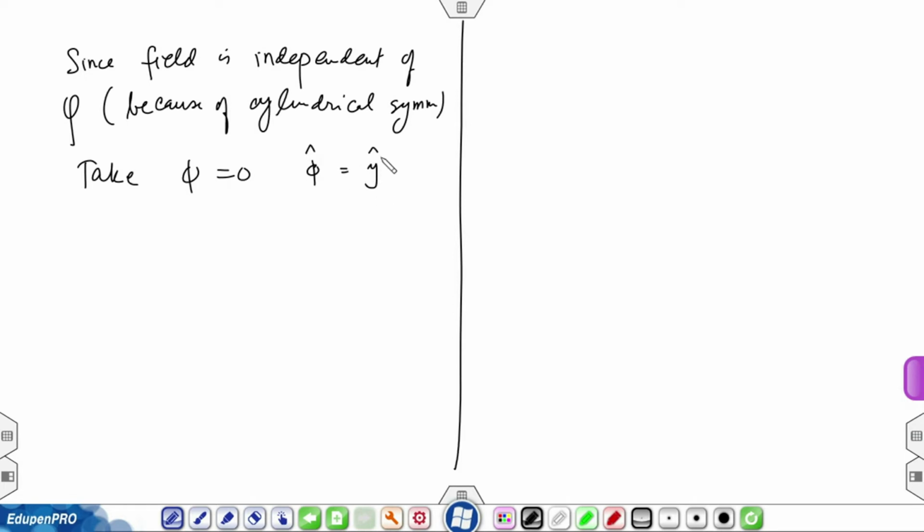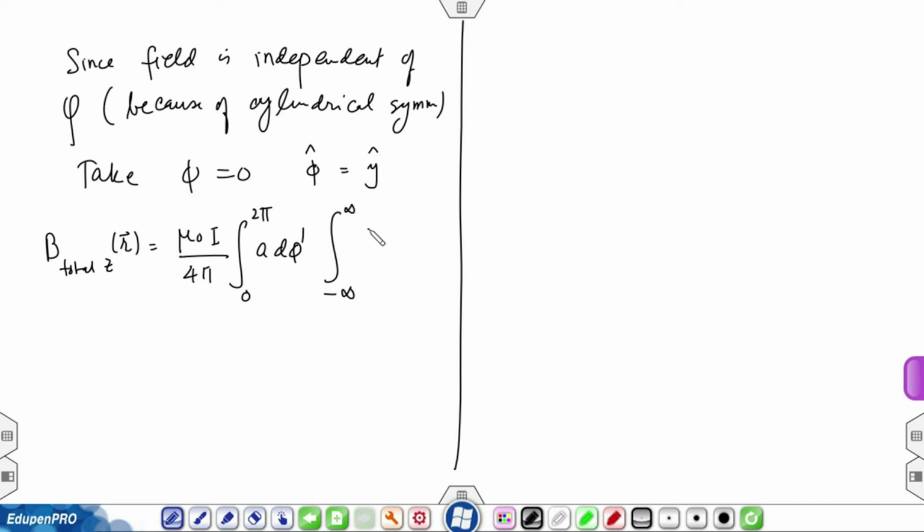It does not matter where I calculate, just taking phi equals 0 makes life easy, and therefore, B total z at R is going to be equal to mu 0 I over 4 pi a d phi prime 0 to 2 pi, integration minus infinity to infinity dz prime.